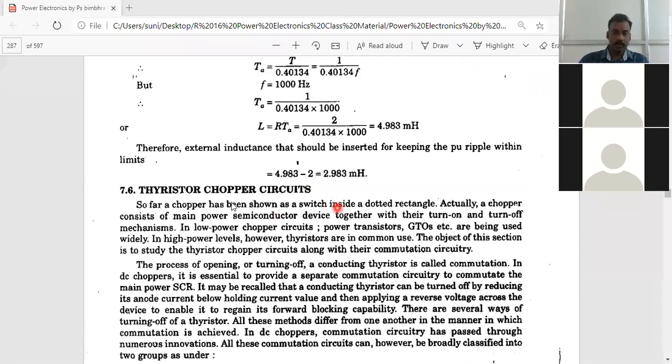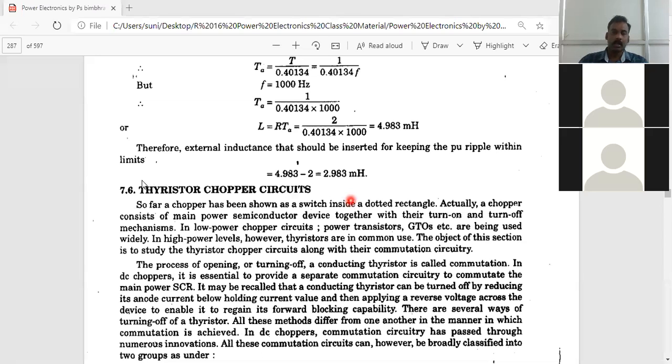So in some specific applications, rather than controllable switches, thyristors are going to be employed in choppers. Whatever chopper circuits in which thyristors are employed are considered to be thyristor chopper circuits.